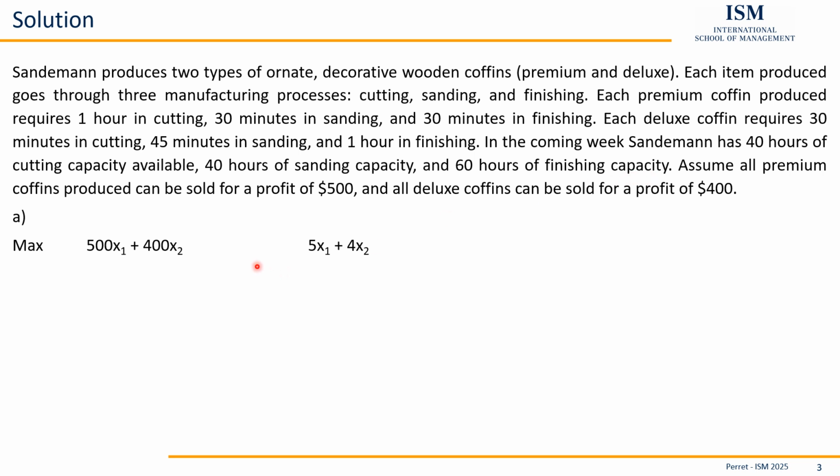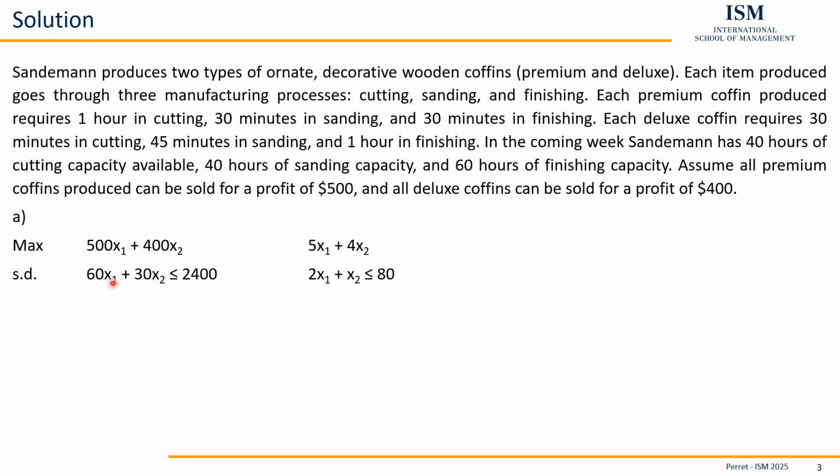Then we can go with the first part on cutting. For each X1, we have 60 minutes cutting. For each X2, we have 30 minutes cutting. And the total amount of cutting used to produce the coffins should be less than 2,400, which is the 40 hours of capacity.